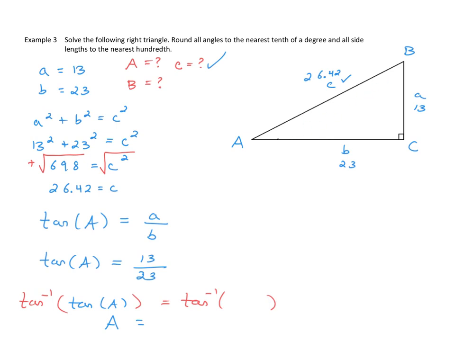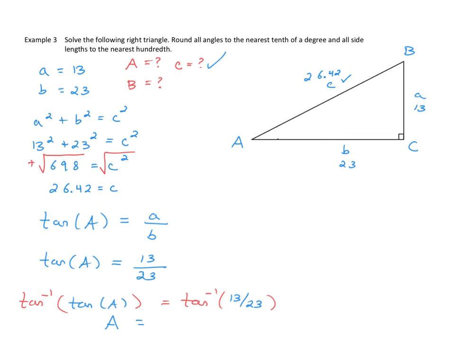These two angles must be between 0 and 90 degrees. On this side, I'm just going to type in 13 over 23. So in my calculator, I'm going to type tangent inverse of 13 divided by 23, just like this. My calculator is currently in degree mode, so it should give me my answer.